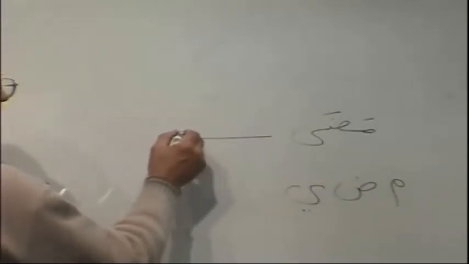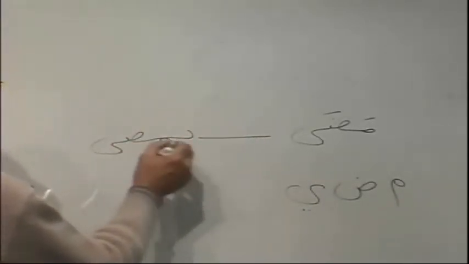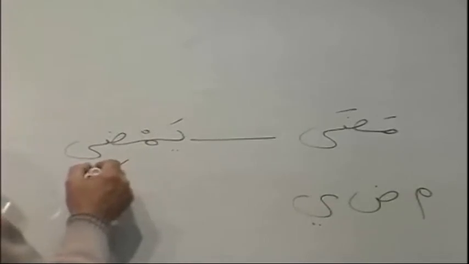What is mudari? Yamdi. Okay. What is ismu fa'il? Madin. You know, fi'lu madin? Fi'lu madin. What is ismu fa'il? Madin. Okay. Mada yamdi. Madin. Okay. Mashallah. What is the meaning of mada? To pass. Huh?